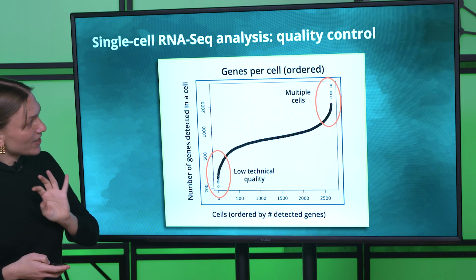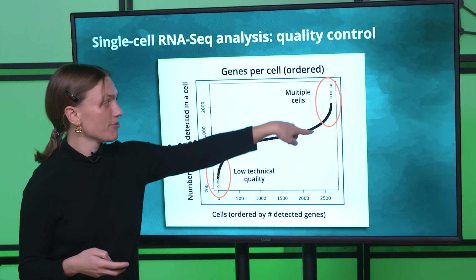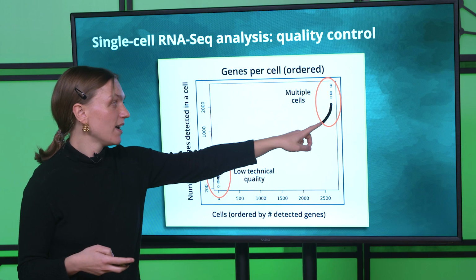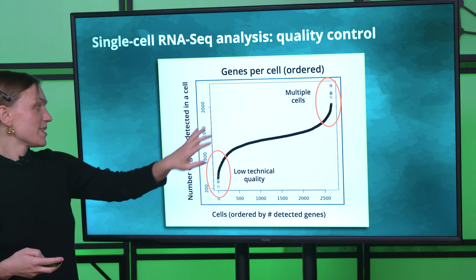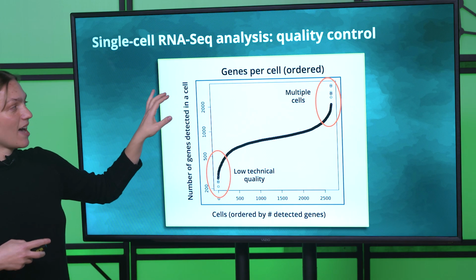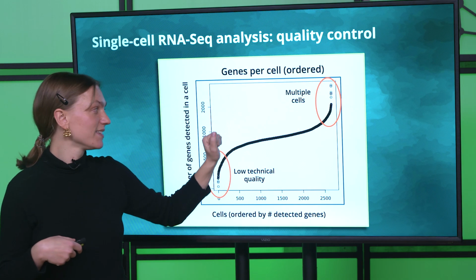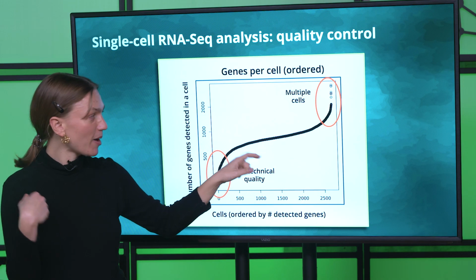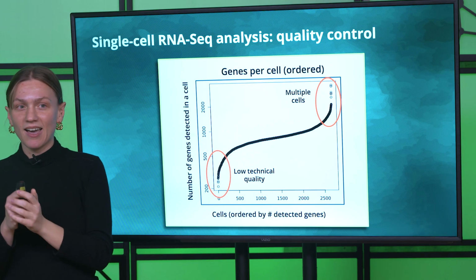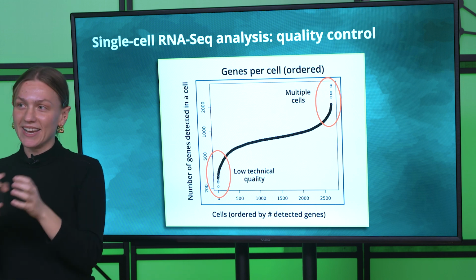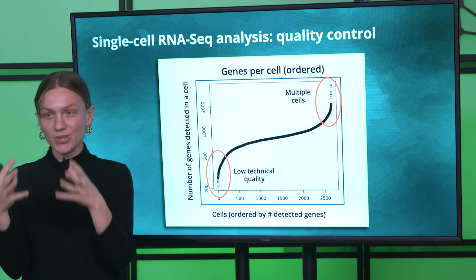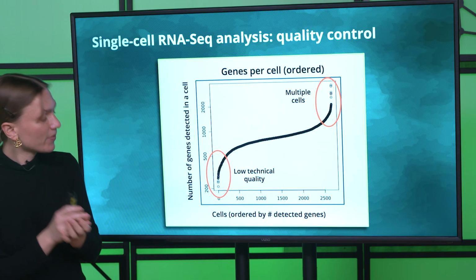And we also tend to remove the cells at the top end of this, because often these have a suspiciously high number of genes detected. What that suggests is that the isolation step that we spoke about previously is not fully working, and maybe rather than an individual cell being in one of those water droplets, we have two or multiple cells in there.